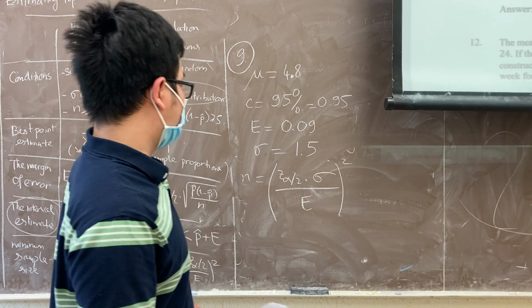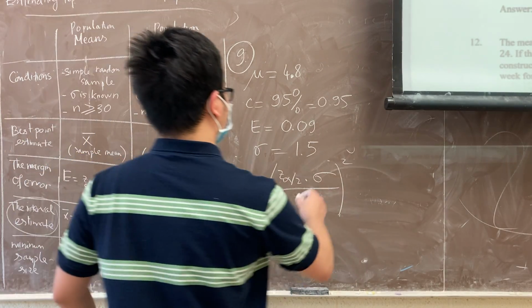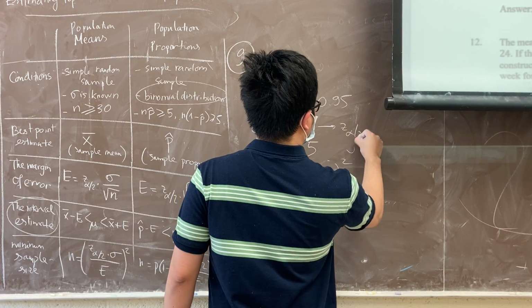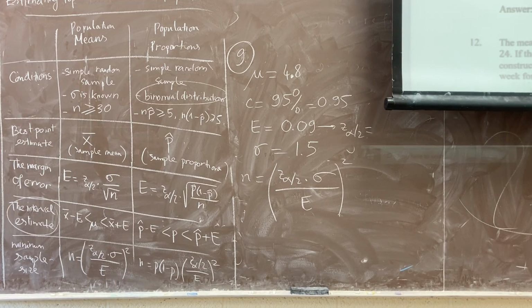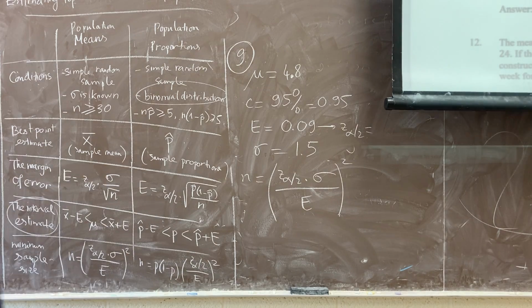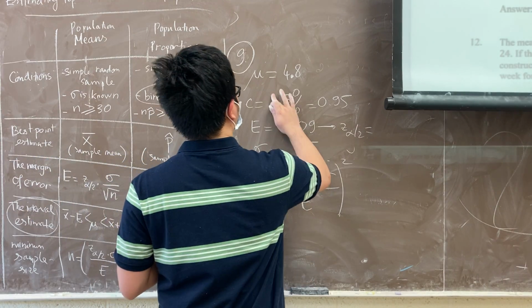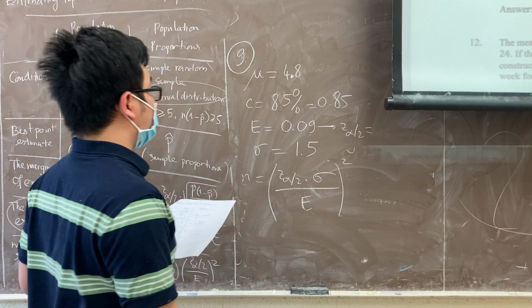Okay, the first thing we need to find is the critical value in this case. Could you tell me what is the critical value? They give you the level of confidence here, okay, not 95, oh, 85%, right? 85%, not 95%.